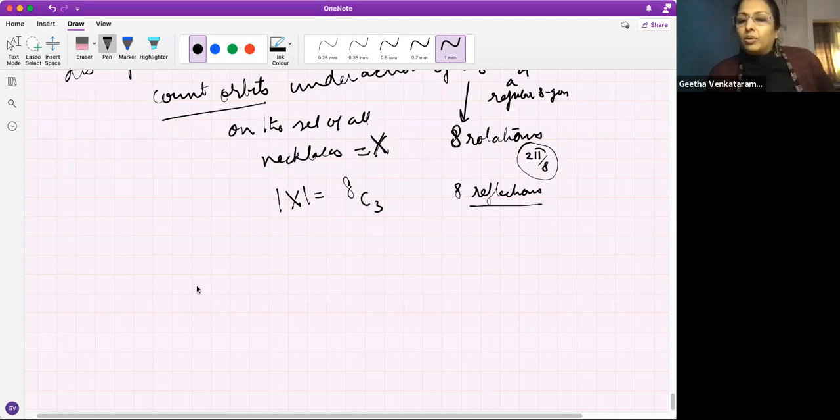I'll try and do some demos on GeoGebra. You don't have to try it yourself while I'm doing it, but later on, you can download GeoGebra for your laptops or for your phones, and you can try some of the things that I'll show you. So let me stop sharing.